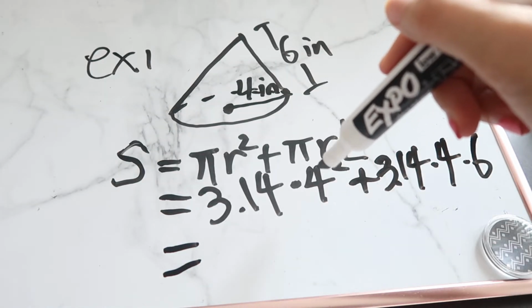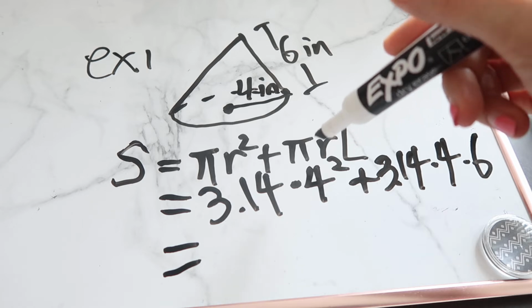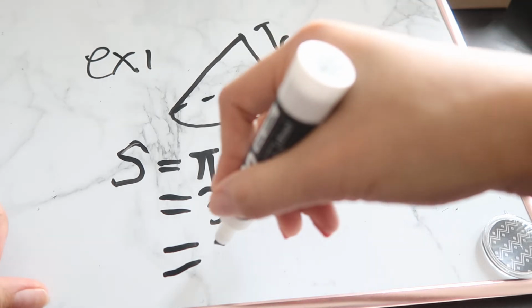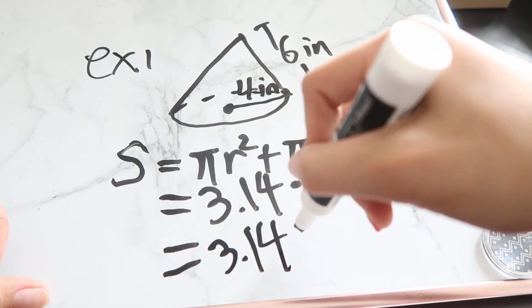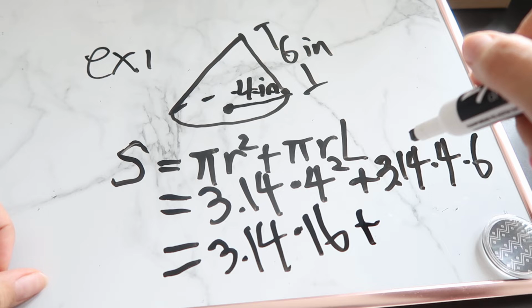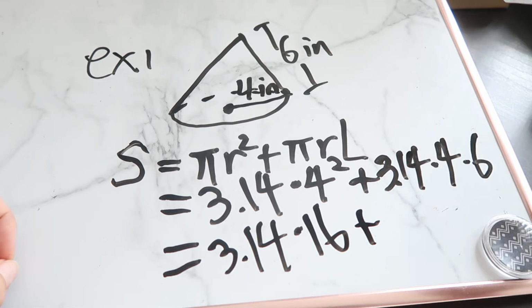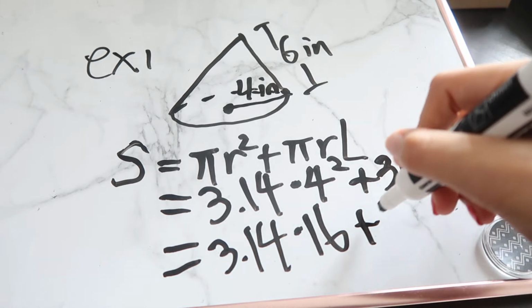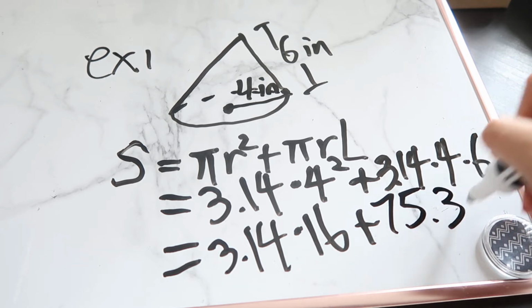So for this part, you will do the 4 squared first because, again, exponent will come before multiplication. So that will be 3.14 times 16. And then the second part, you just multiply all the 3 numbers inside your calculator. I actually don't have my calculator. Oh well. Or you can use your phone, that works as well. So that would be 75.36.